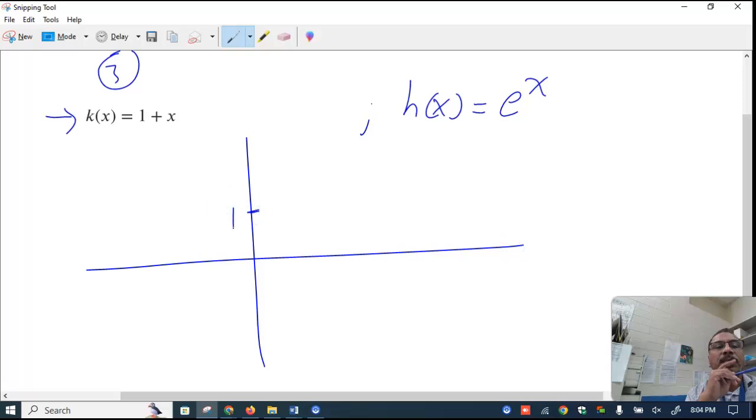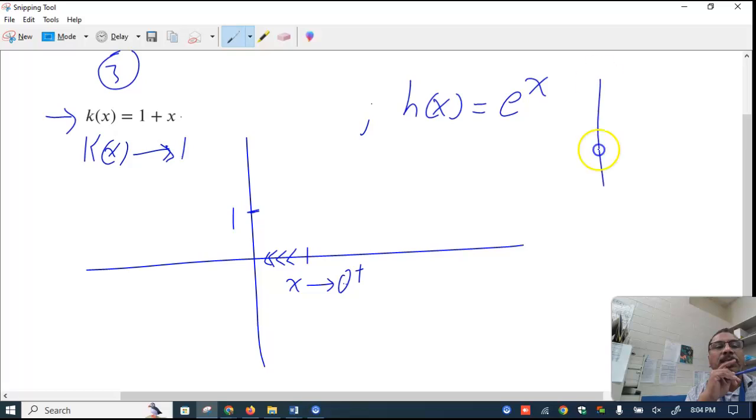When x approaches very small positive values until 0, k of x approaches almost 1. I'm going to show you with the table also.